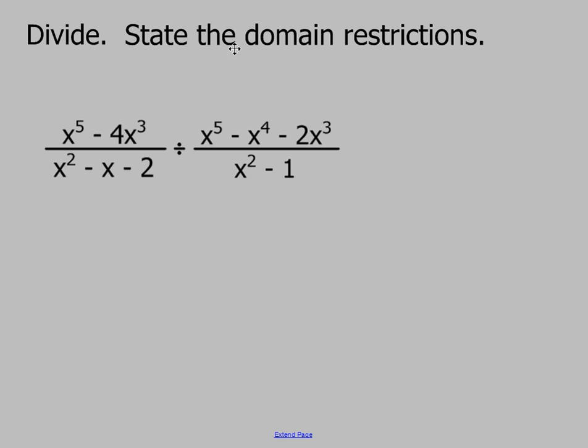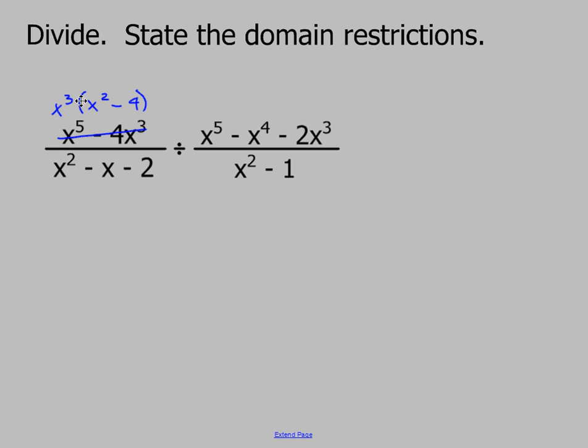If you have a problem that looks like this, your first step is to factor everything that can factor. You want everything completely factored. So on this first one, if I factor out, they both have x to the third. That's my GCF. So if I factor out x to the third, that leaves me with x squared minus 4. So I've replaced this.